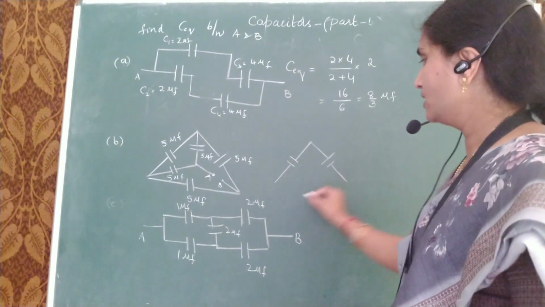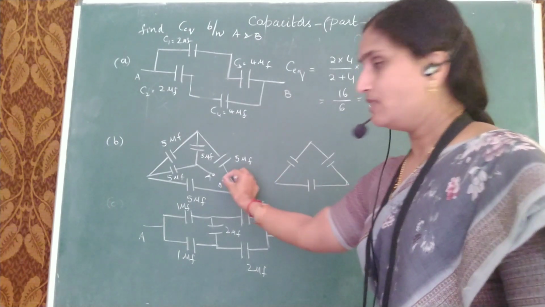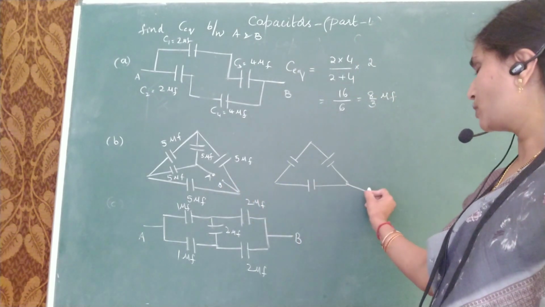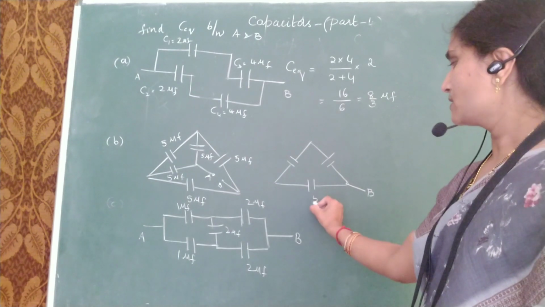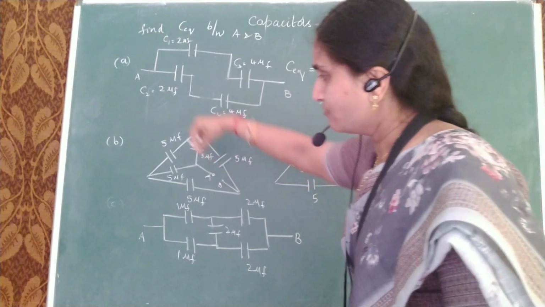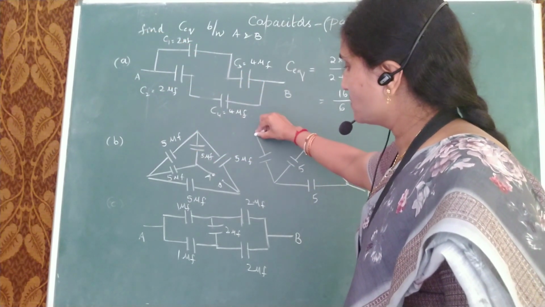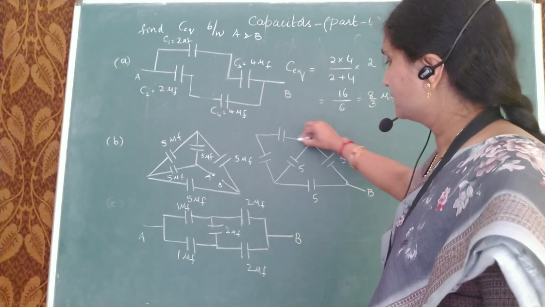I am keeping this triangle apart as it is. See, B we have pulled it outward. So B has come till here. This is 5, 5, 5. And since I have pulled A also in the outward direction, the two capacitors which are connected to A will come out.